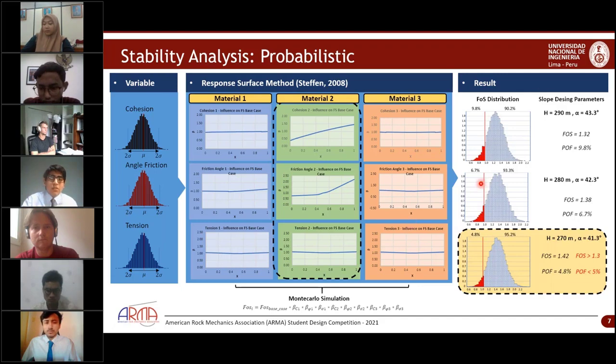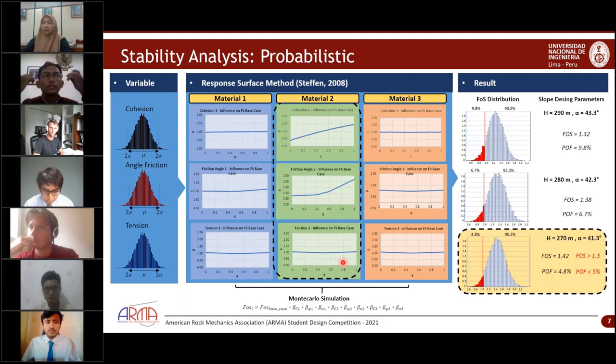Do you recalculate the failure mode for each realization? No, the failure mode or failure surface in the case of the probabilistic analysis was assumed as the same as the SLIDE slope, because we varied some values and some were controlled in the SLIDE software. Okay. Okay, thanks. Thank you very much.